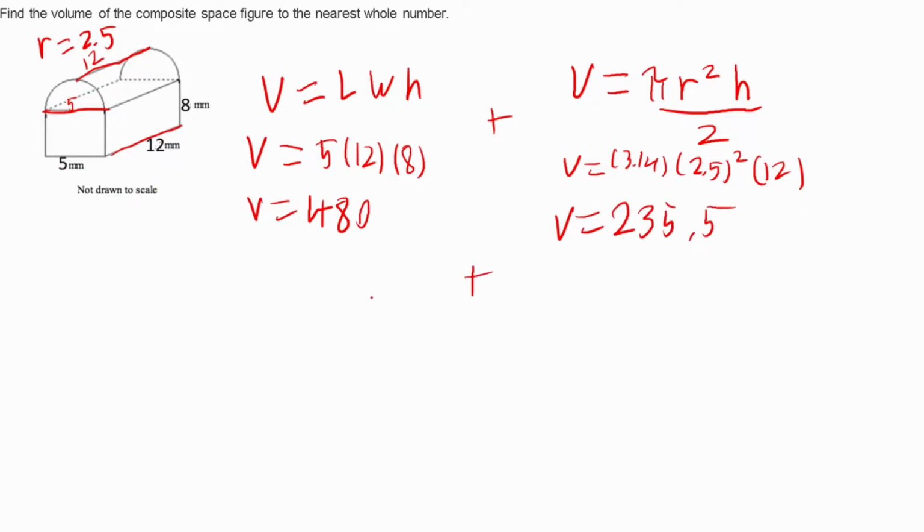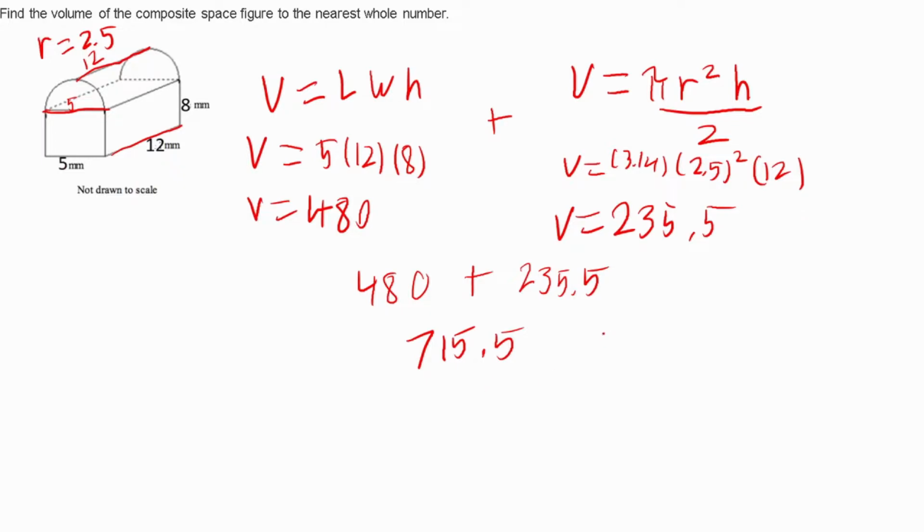And last but not least, we got to add these two numbers together. So we got to add 480 and 235.5 because these are a composite, which means two shapes put together. And when we add these, what do we get? We get 715.5.